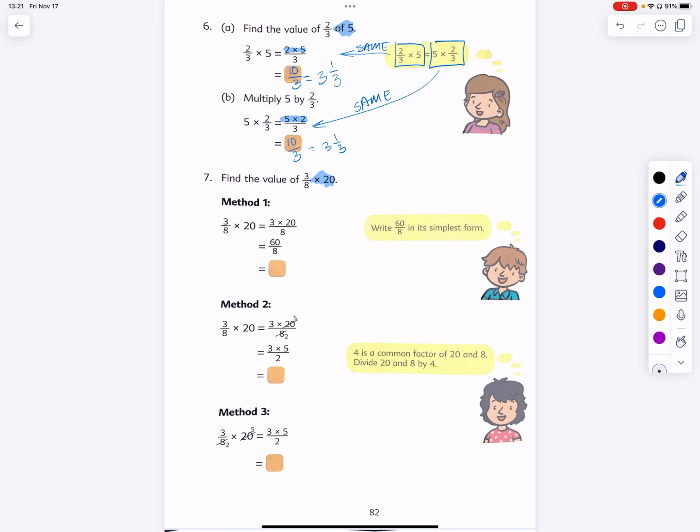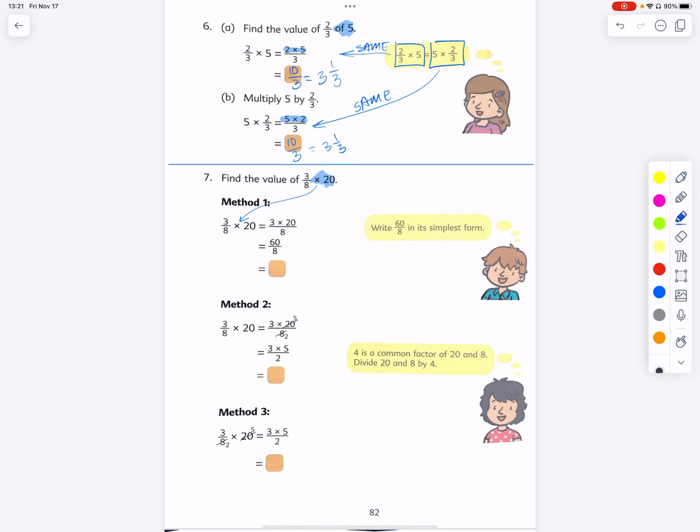Now, number 7. Let me make a little divider line. I'm on number 7. Find the value of 3/8 of 20. Well, I hope you're getting used to the idea, right? 3/8 of 20. Of course, it's multiplication. That means we take 3/8 20 times.